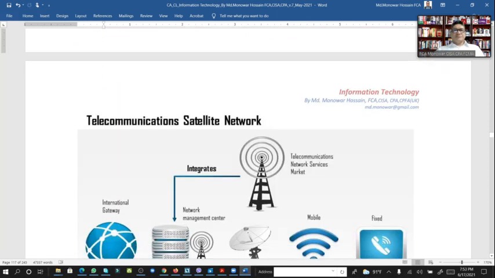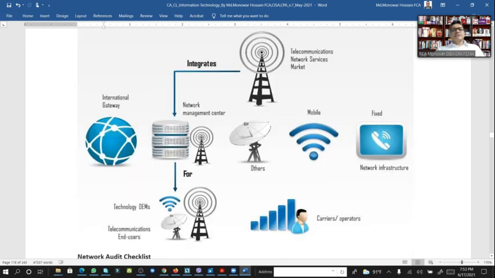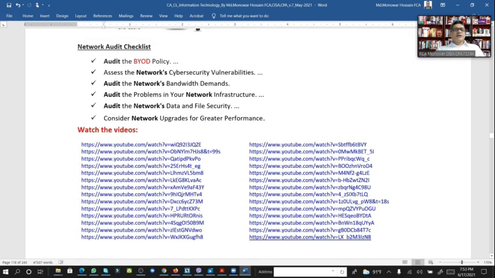And 5G, so here telecommunication satellite network. This is the international gateway, network management center, mobile, other satellite, etc. So here the network audit check: as an auditor, what we have to do is audit for BYOD policy, that means bring your own device, access the network, cyber security vulnerability, and audit the network bandwidth demand.